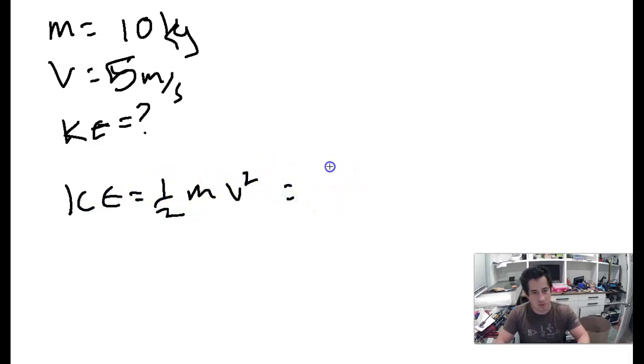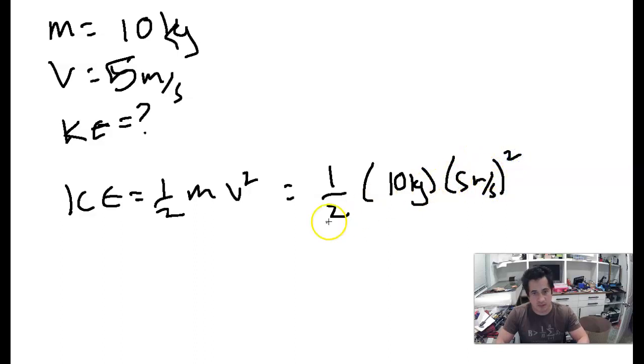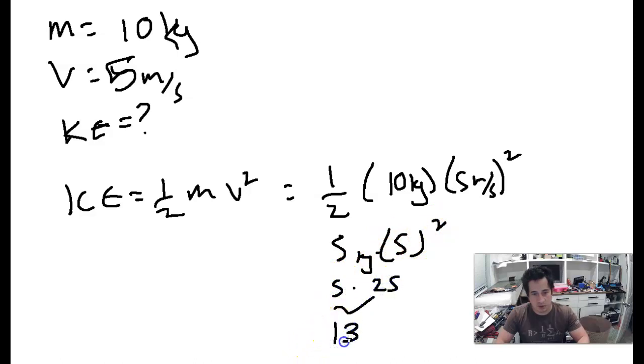So in this case, that's 1/2 times 10 kilograms times our 5 meters per second, and we square that, and so 1/2 times 10 is 5. 5 squared is 25, so 5 times 25 is going to give us 125 joules of kinetic energy for this object.